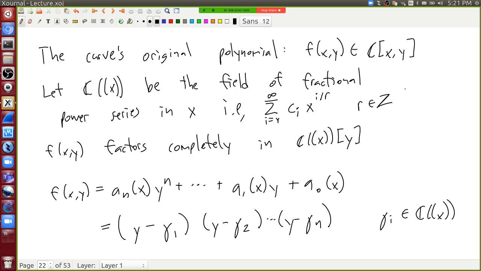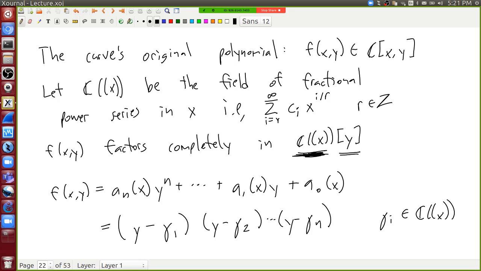Actually what I need is just the field of fractional power series, and the polynomial does factor completely if I allow fractional power series in x and then polynomials in y. So here is my polynomial in y.